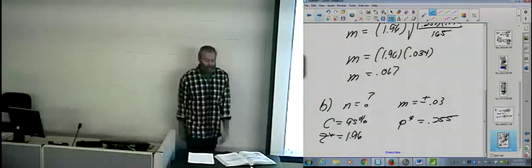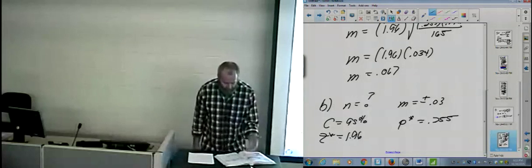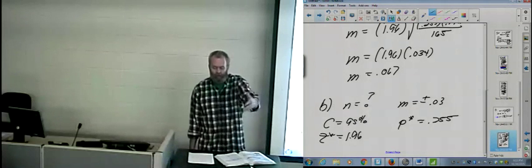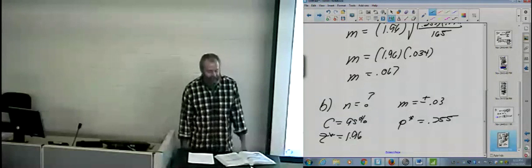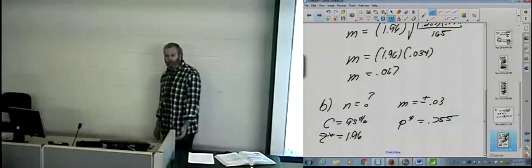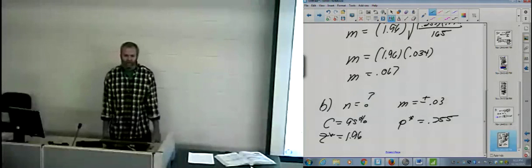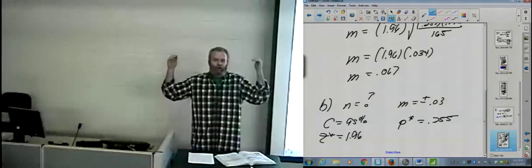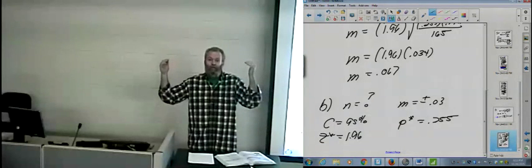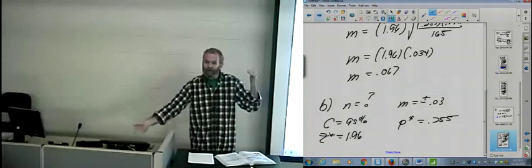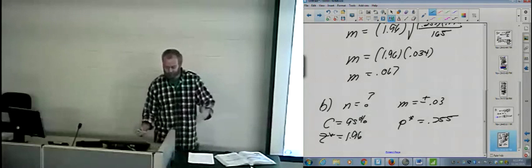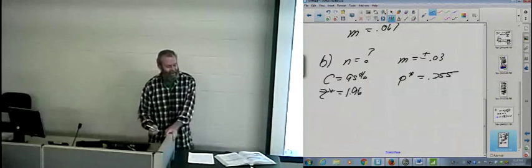When they say use the sample from Part A, use that little pilot study of 165 to get P star. The reason they're doing that is, you see that little P star is 0.255? Why wouldn't we want to use P star equals 0.5? You expect it to be between 0.3 and 0.7? Not based off of that one. So we're going to use that as our little P star, as our guess here.